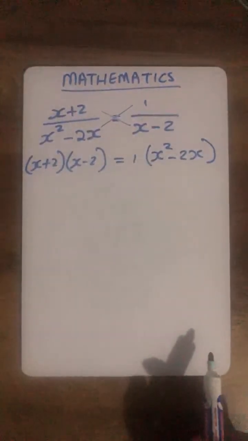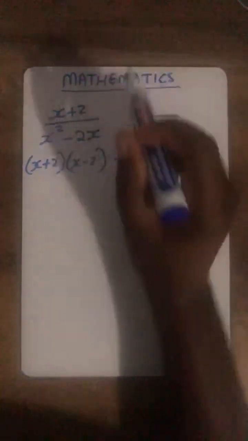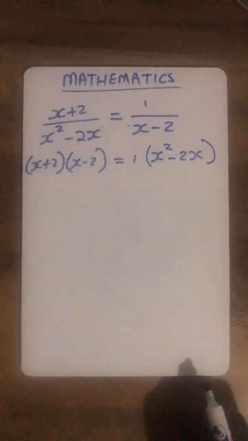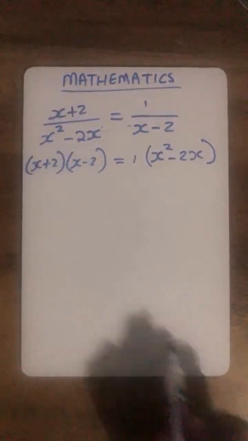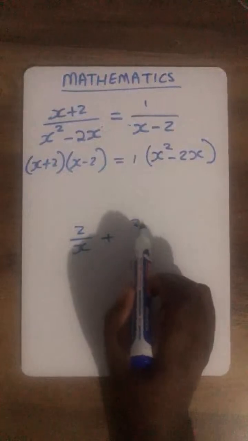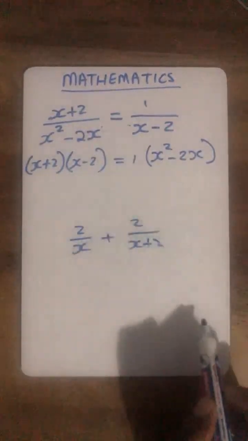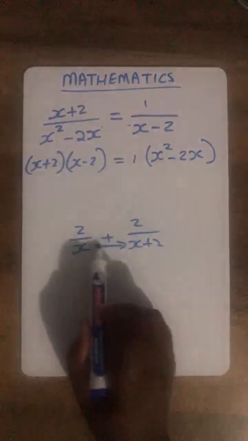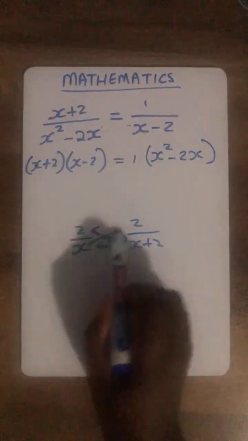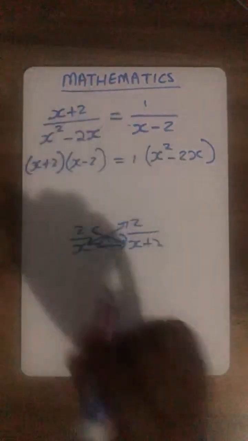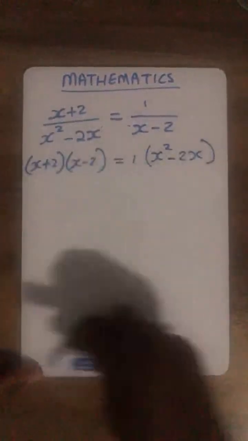Remember, on this problem we have an equal sign in between, so this is an equation, unlike that time where you do not have an equal sign and you had to multiply by that. But when you have an equal sign, you just cross multiply, then you start working from there.